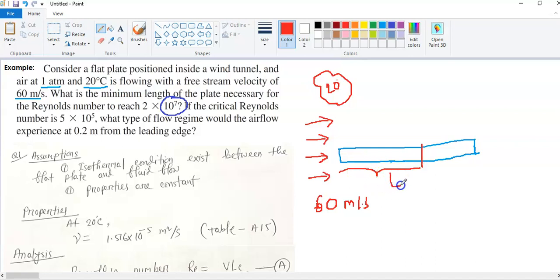What is the minimum length you need for the Reynolds number 2 × 10 to the power 7? So we know the Reynolds number, we know the free stream velocity, and now we need to calculate the length L. So this is the first question, and later on we will solve the second part of this question.